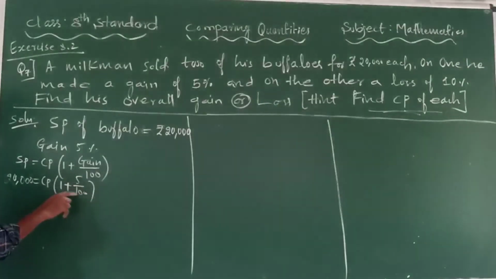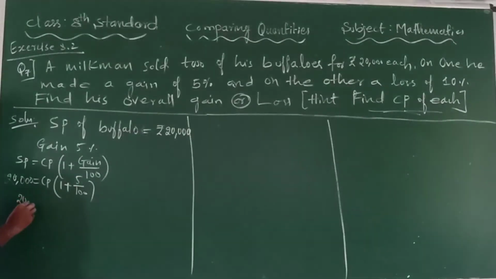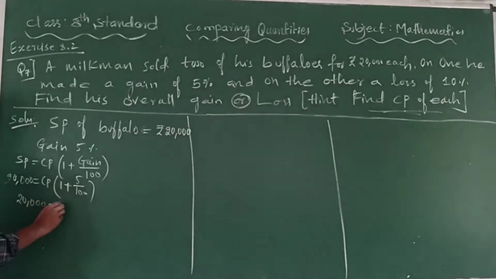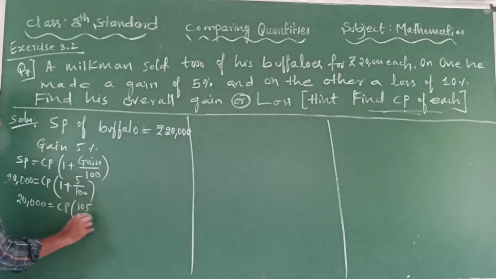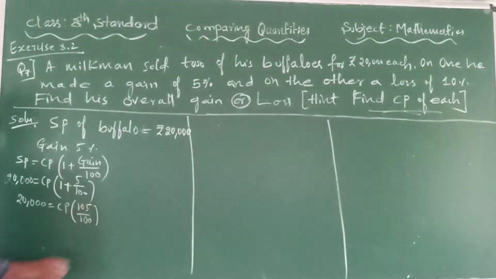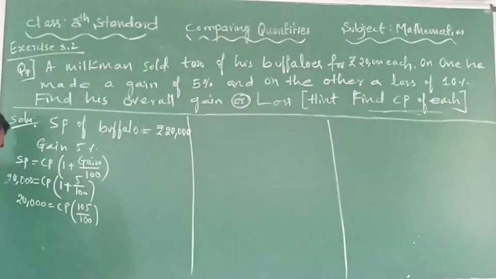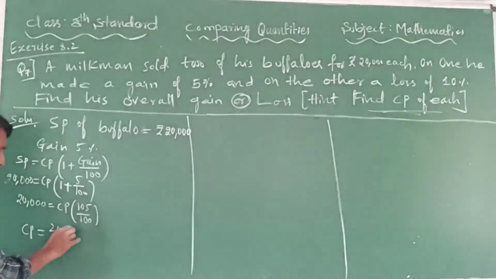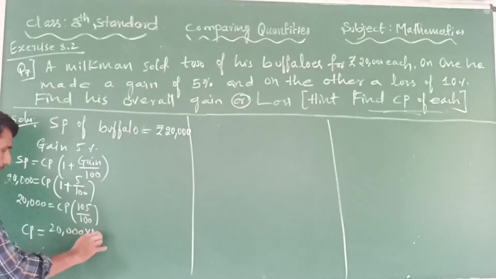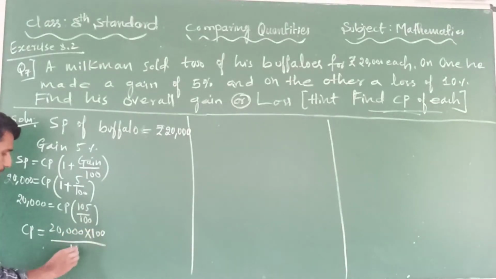When you multiply here, 100 into 1, 100 plus 5. Now 20,000 is equal to CP in the bracket 105 by 100. Now when you do the cross multiplication, you will get CP is equal to 20,000 into 100 by 105.